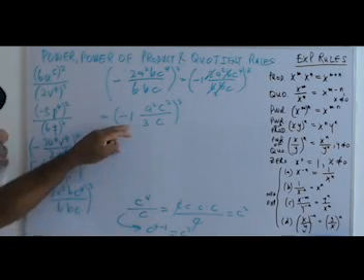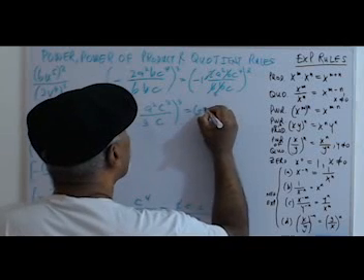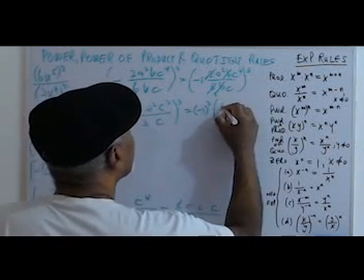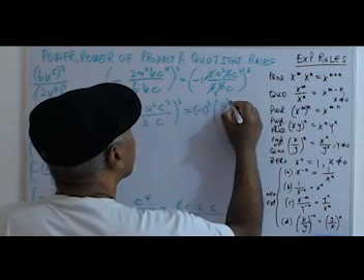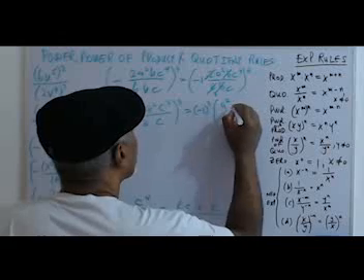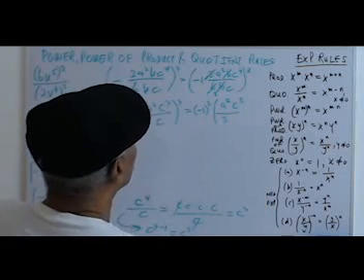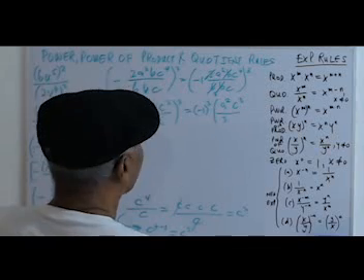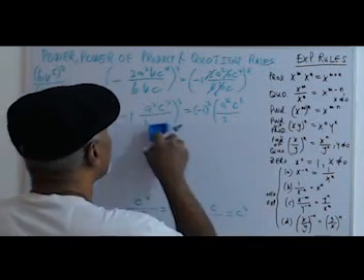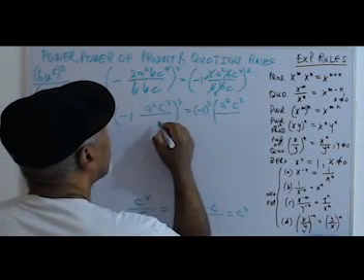Now, let's use the power of a product rule, and this will be negative 1 cubed, and everything else is still there. A squared c cubed over, this c is already gone. So what's left in the denominator is just 3.